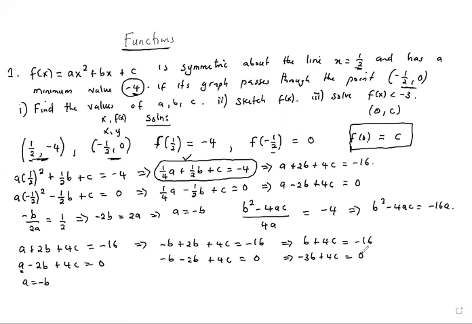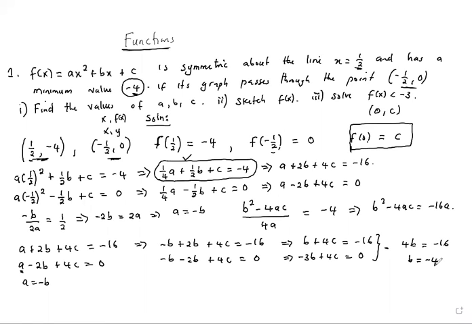So these are simultaneous equations. If we subtract, the 4C will go. And then we're going to have B minus -3B, which is 4B, is equal to -16. So B is -4.